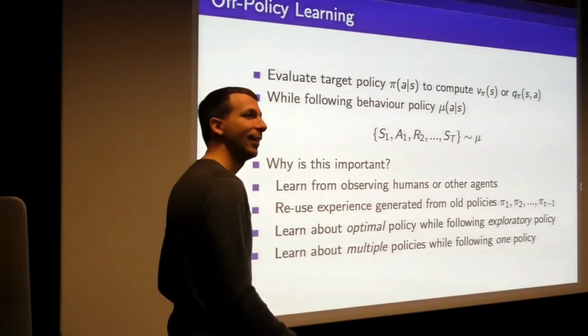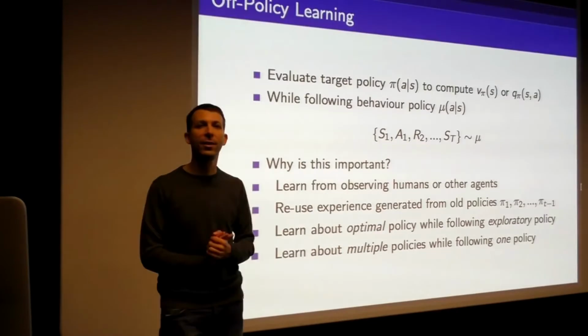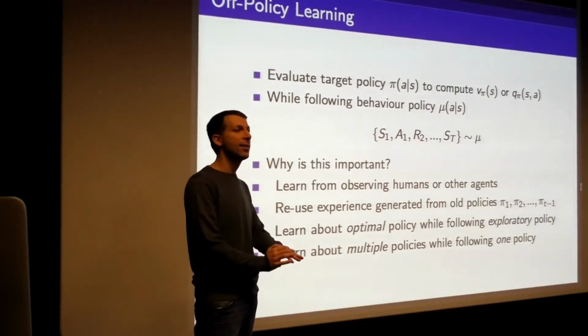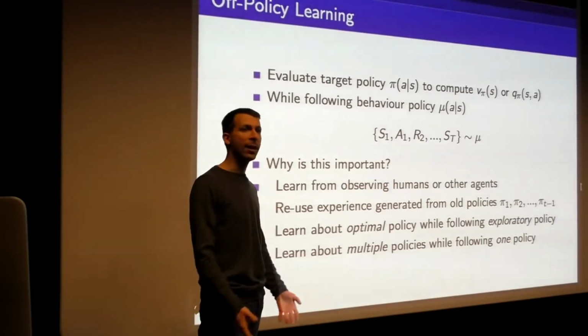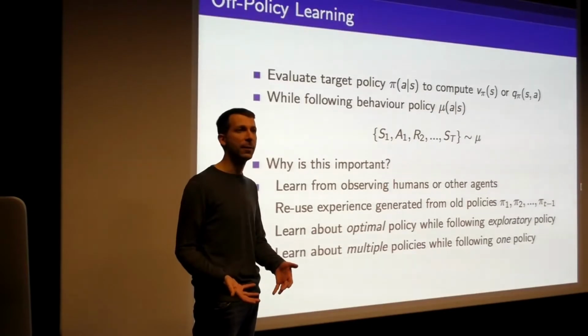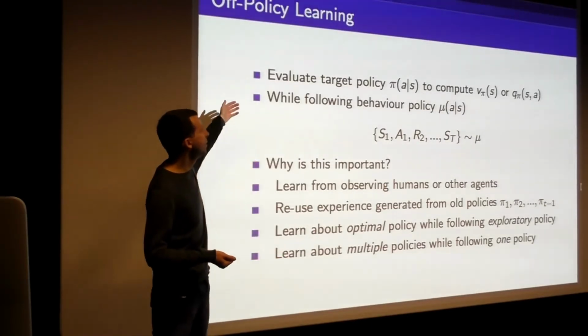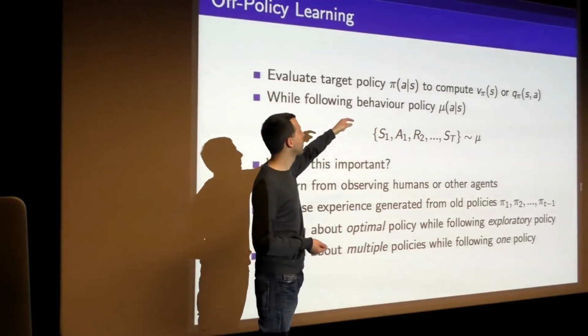Okay, let's change gear a bit. Now we're going to talk about off-policy learning. So everything so far has considered the case of on-policy learning, where the policy which I'm following is the policy that I'm learning about. But there are many cases where we want to consider how to evaluate some other policy while we're following another.